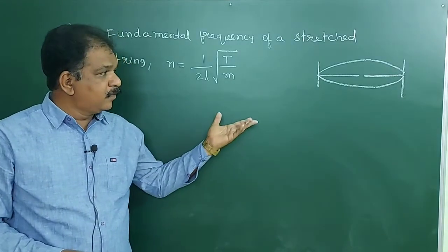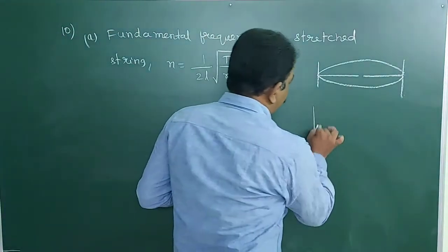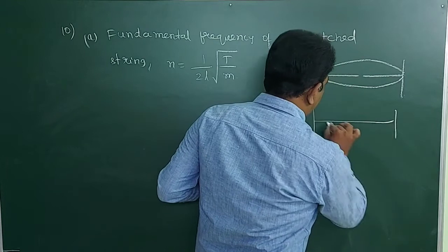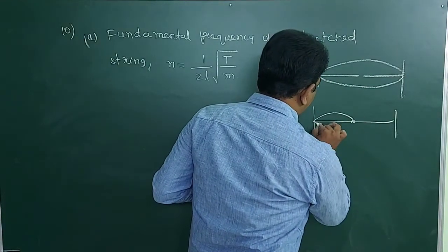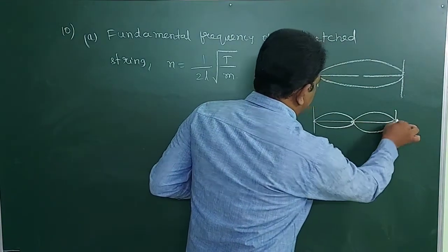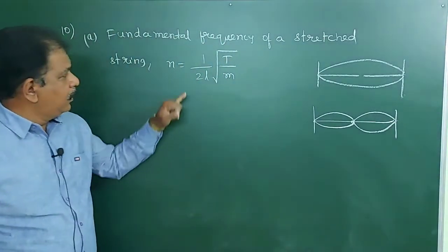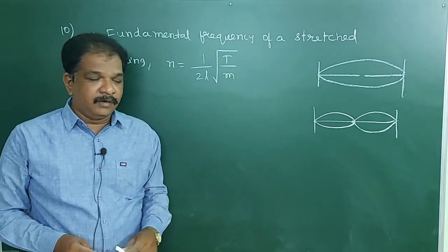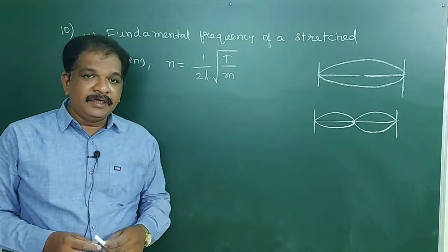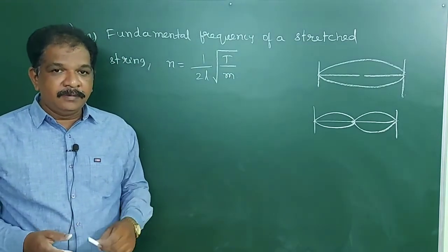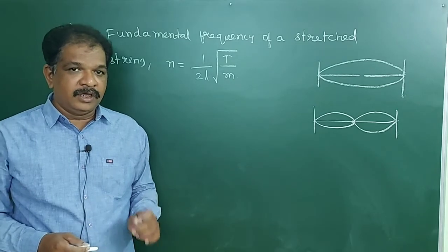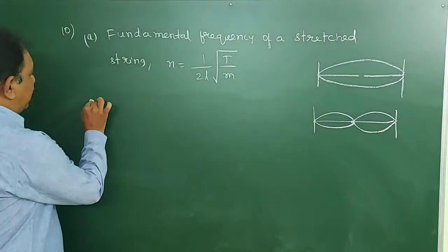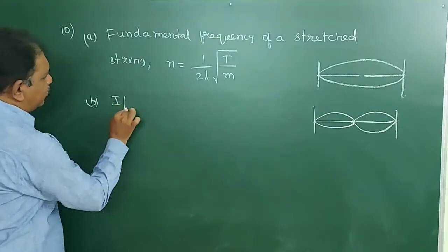If the string is vibrating in two loops, then its frequency will be 2 by 2L into root T by M. If it is vibrating in three loops, 3 by 2L into root T by M. So we will write that formula also.